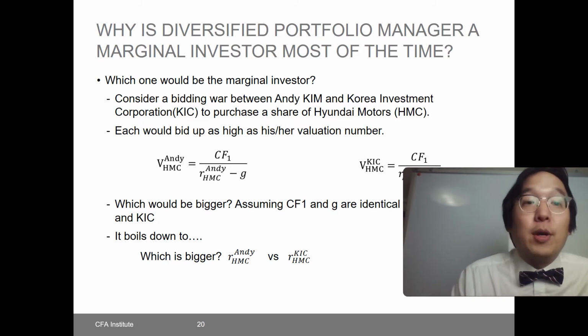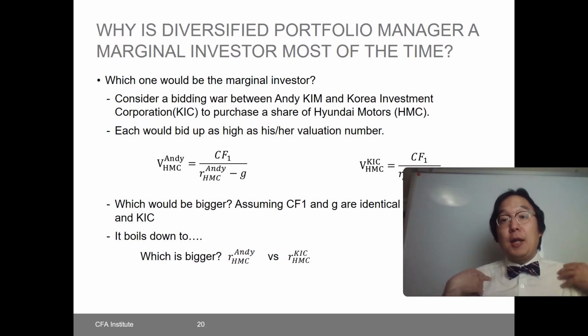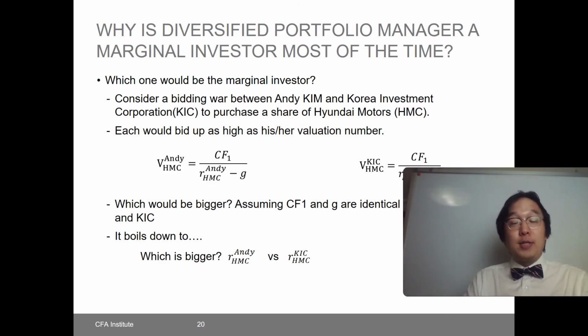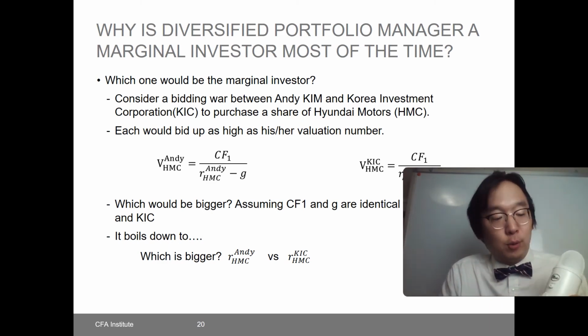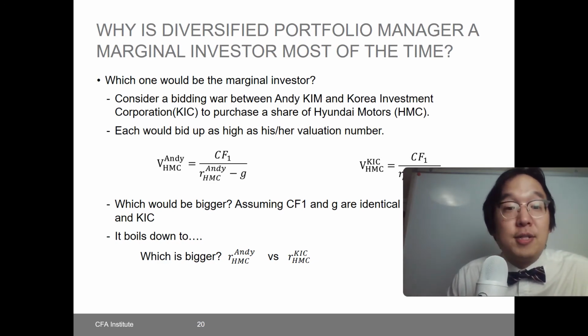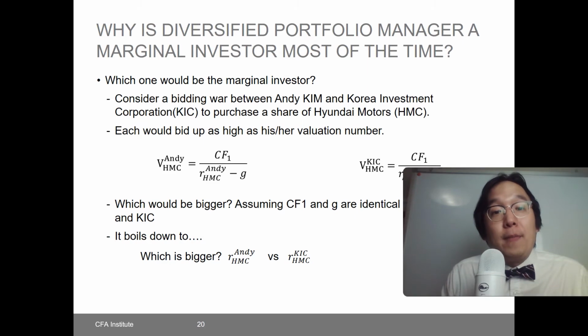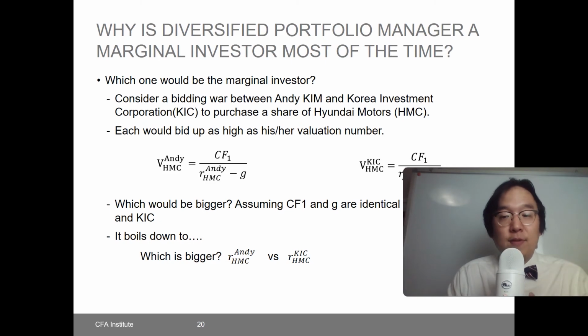So here's my question. Consider a bidding war between Andy Kim, me, right, and Korea Investment Corporation, which is 한국투자공사, right, to purchase a share of Hyundai Motors, HMC, right? I'm gonna say HMC. Each would bid up as high as his or her valuation number about this company, HMC, Hyundai Motor Company.